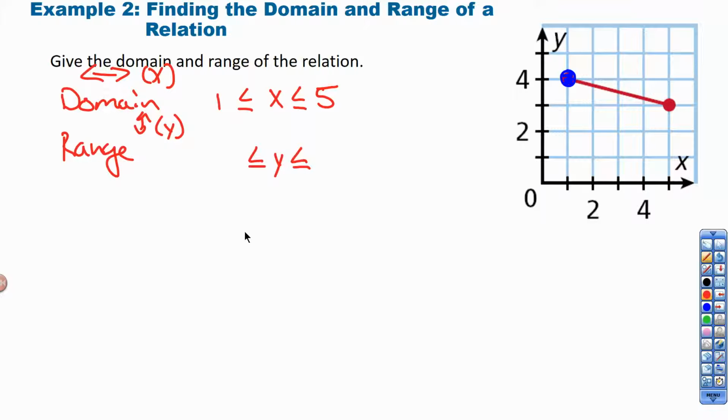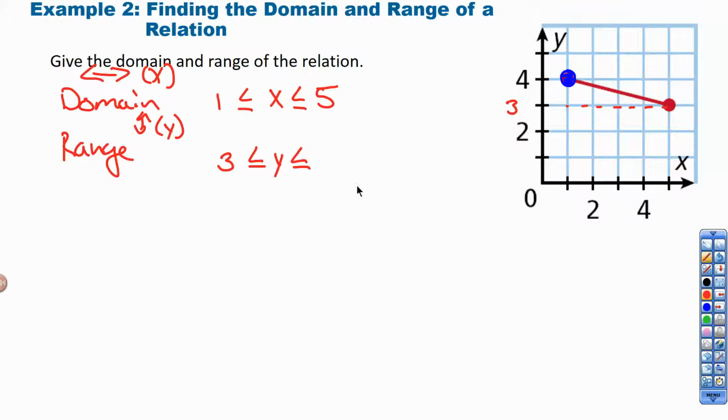So what is our smallest y? Yes, Rosa. All right. What is our smallest y, Nick? 3. He said right here, 3 is our smallest y, so that goes there.